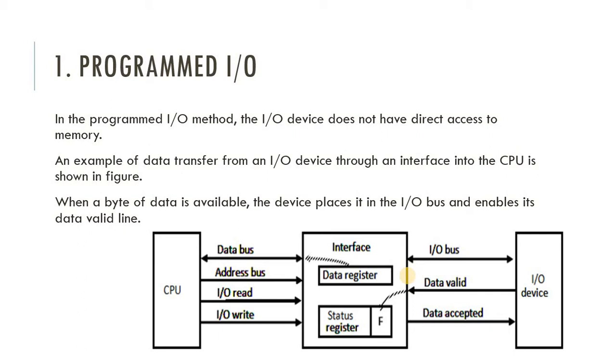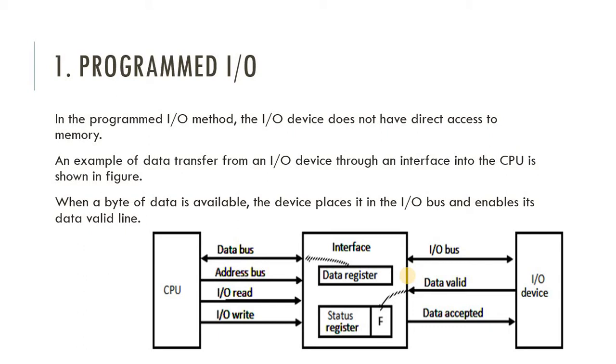When we provide data with the help of the keyboard, it is stored in the memory with the help of the CPU. Now consider the monitor. The data of memory will be transferred to the monitor with the help of the CPU. So programmed IO is the method that transfers data between the IO device and the memory.